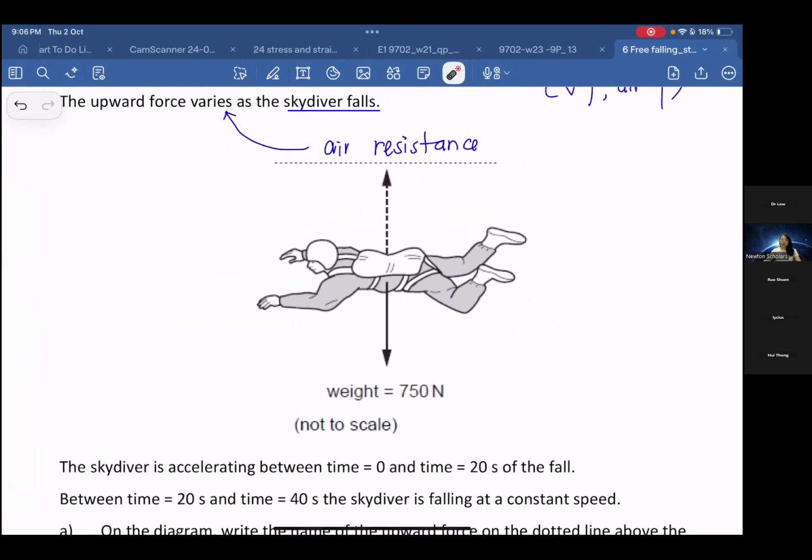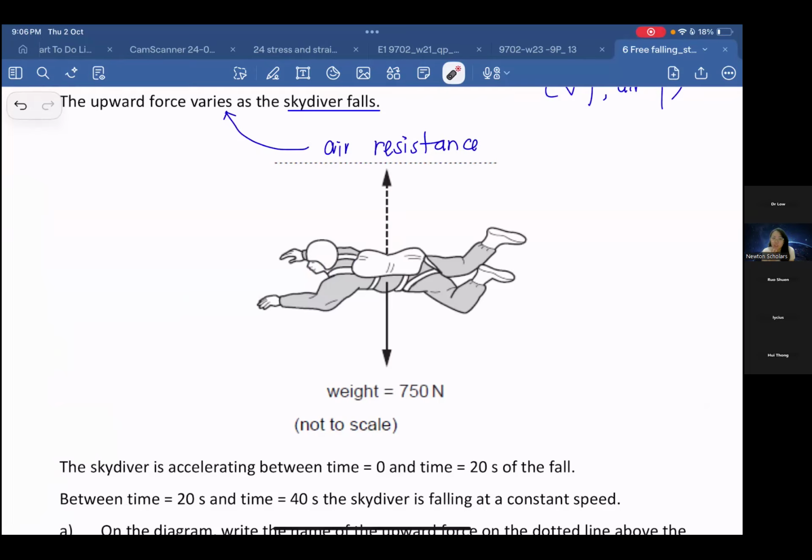Any of you can type your answer in the chat box. What do you think? Air resistance 0, greater than 0, 750 Newton? Or what is the value?